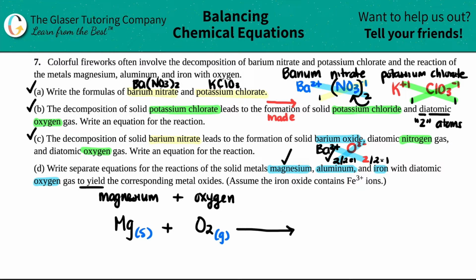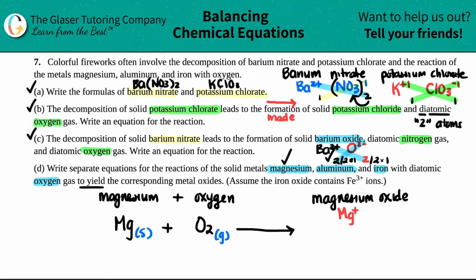Anytime that you do the arrow, it's a yield symbol. And we need to make the corresponding metal oxide. In this case, you're putting together magnesium with oxygen. So it would be magnesium oxide.